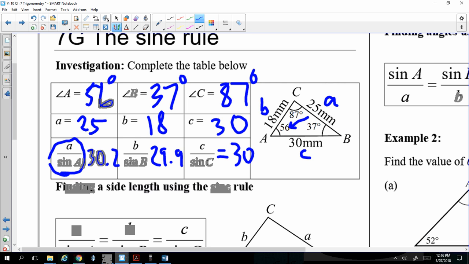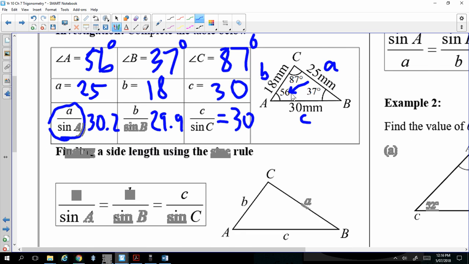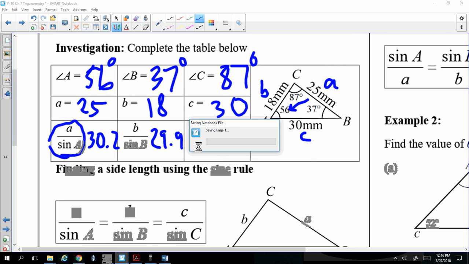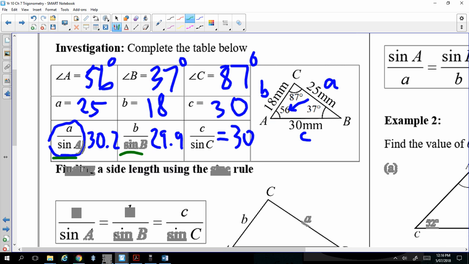Okay, so what's the conclusion we could make? Now, of course, there will be some error on your measurement. It's not exactly 25, 30, 18. But roughly speaking, we can see that the three ratios are roughly equal to each other.